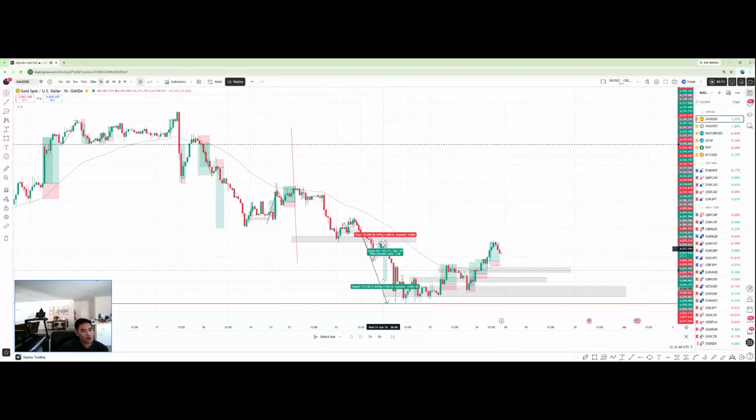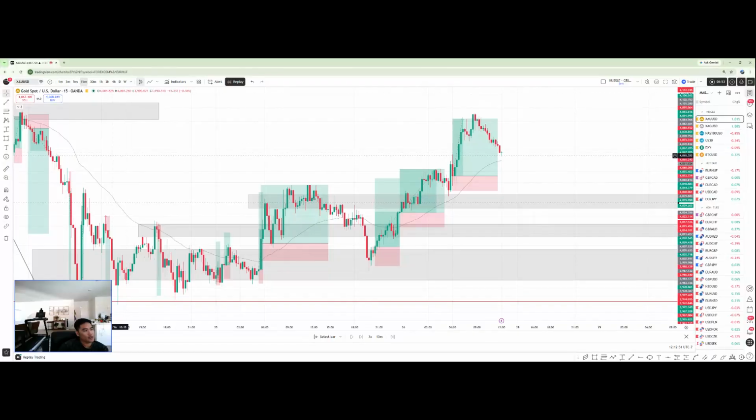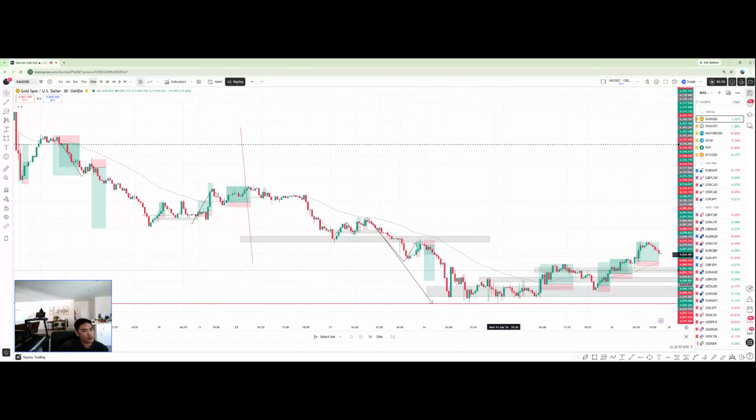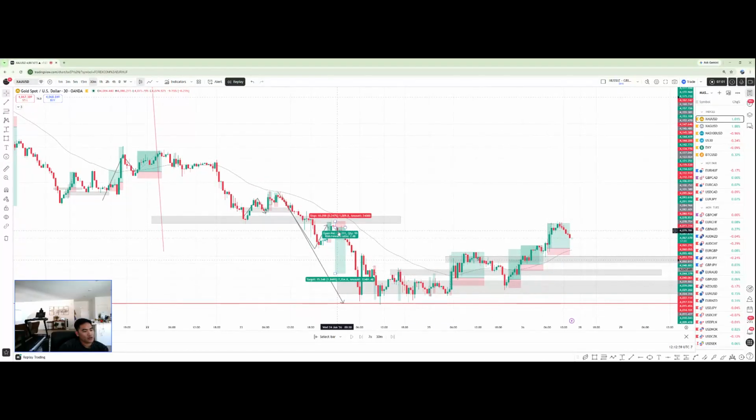So I saw this bearish engulfing on 15 minutes, so I took the trade around that. See on 30 minutes, yeah, rejection, rejection. Put the TP around 7RR. If I continued to hold, then probably 11. But I'm happy to secure 7RR.